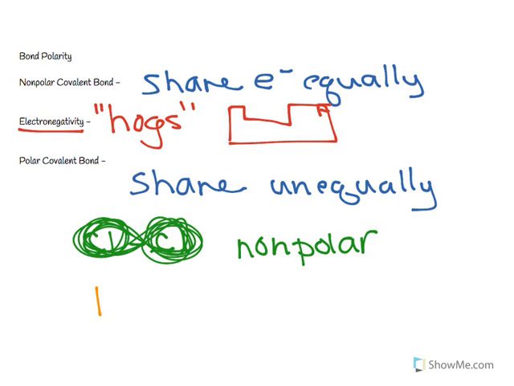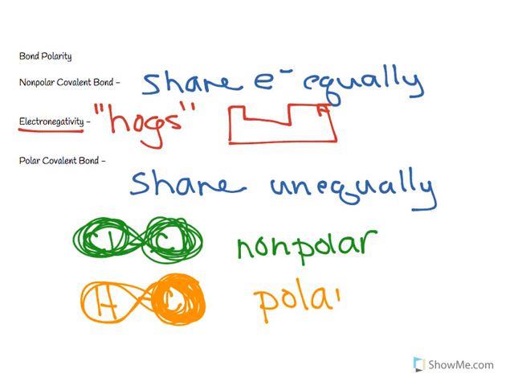But if I had hydrogen bonded to chlorine, their electronegativity values are really different. Chlorine is a lot more electronegative than hydrogen, and therefore the two electrons are going to spend way more time around chlorine than they do around hydrogen. And this would be a polar covalent bond.